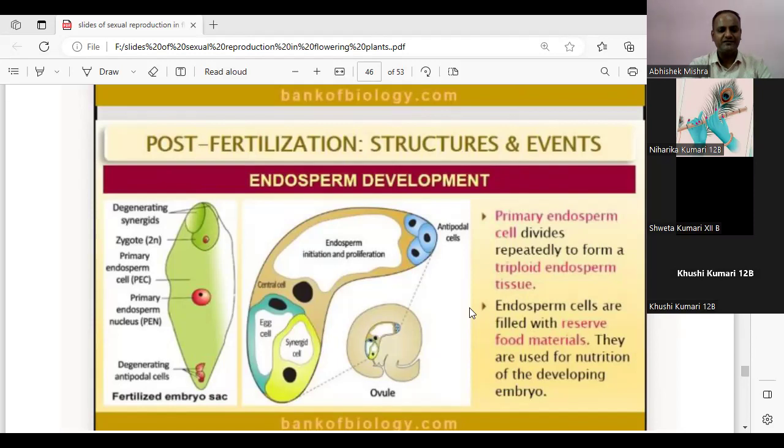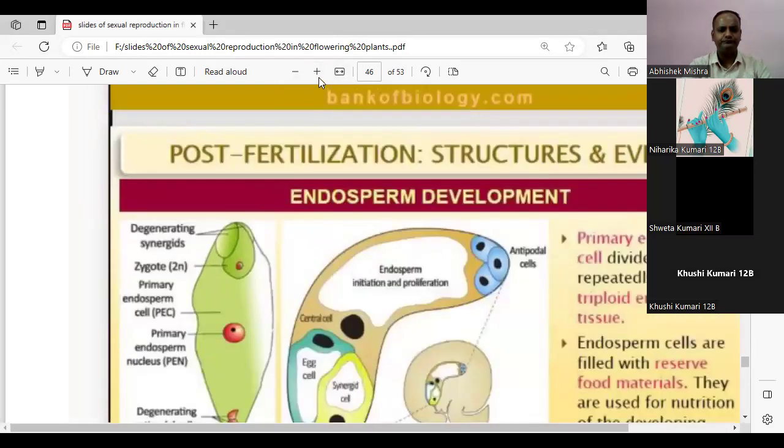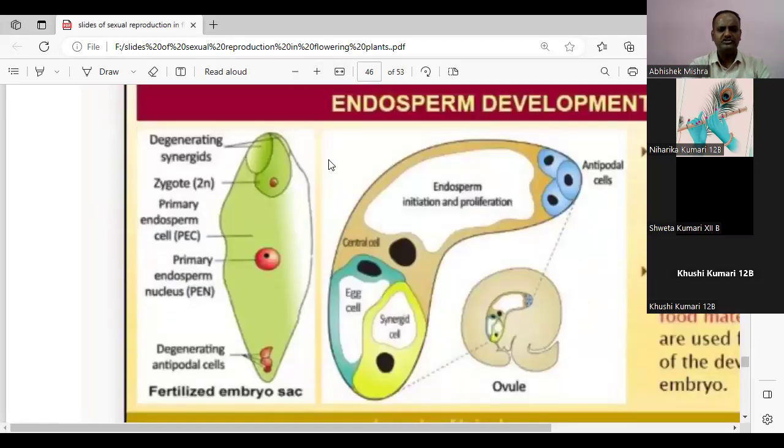You can see very well in this image, which I have highlighted over here: these are the antipodal cells, this is the central cell, this is the egg cell, the synergid cells.